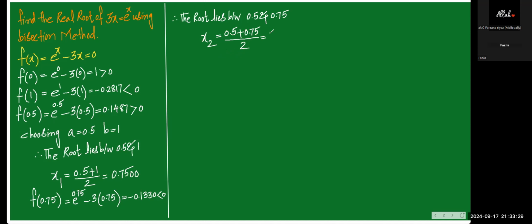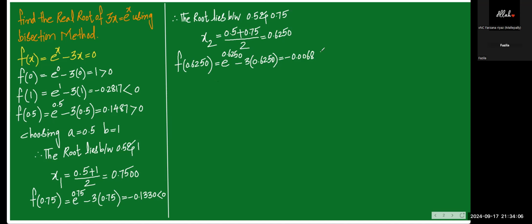0.6250. That we have to put in our function. 0.6250 is equal to e to the power of 0.6250 minus 3 into 0.6250, and then the answer is minus 0.0068.